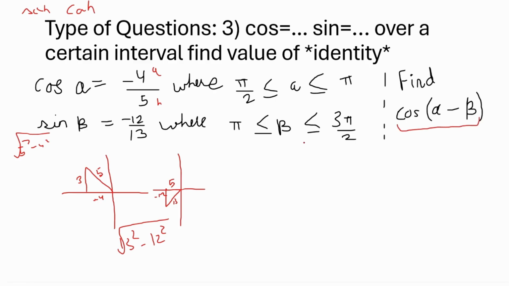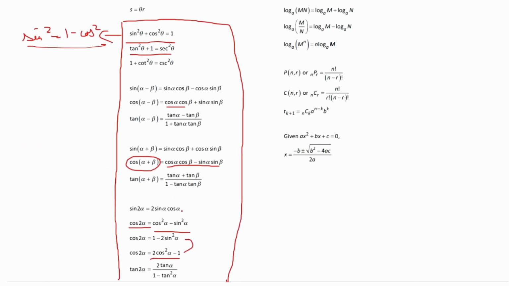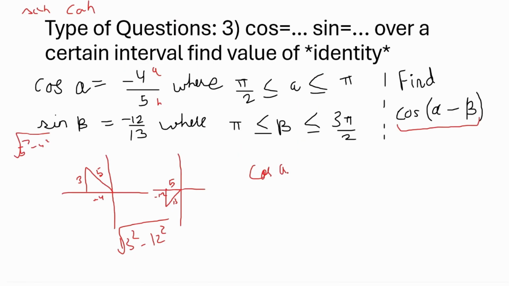Now that we have the triangle, we just plug into the identity. What is cos A minus B? Cos A minus B is cos A cos B plus sine A sine B. Cos A we already know, negative 4 over 5. Cos B we did not know, but now we can find it because we found the adjacent, so cos B is 5 over 13.